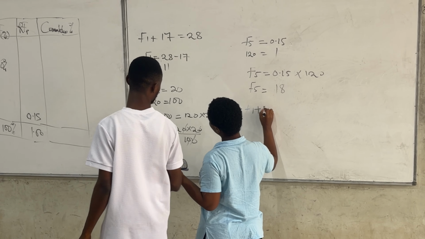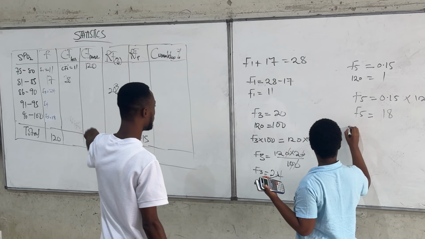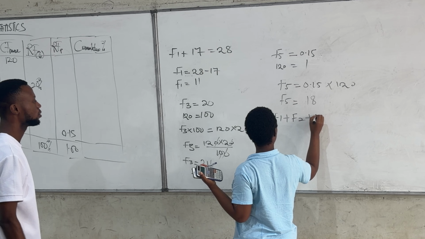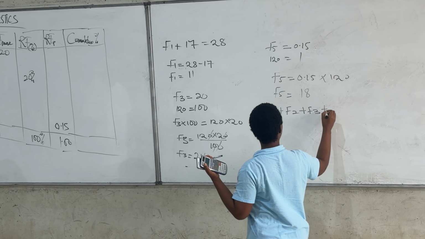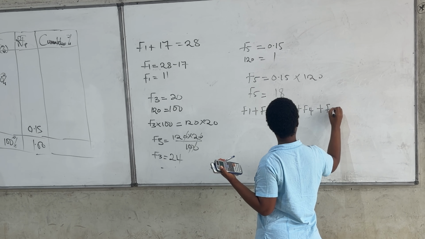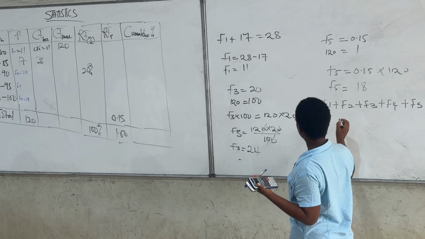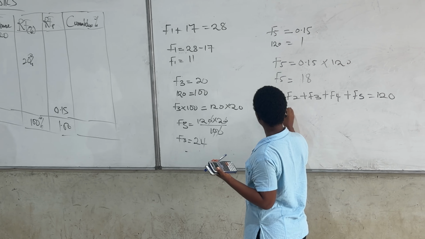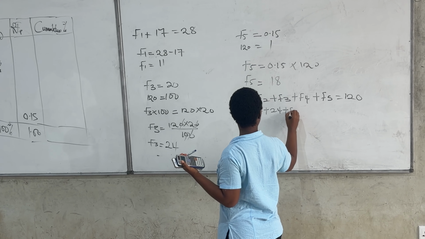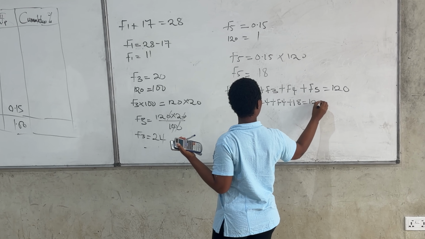F1 plus F2 plus F3 plus F4 plus F5 will give us 120. We'll put in the values: 11 plus 17, 24, plus F4, plus 18, equals 120.